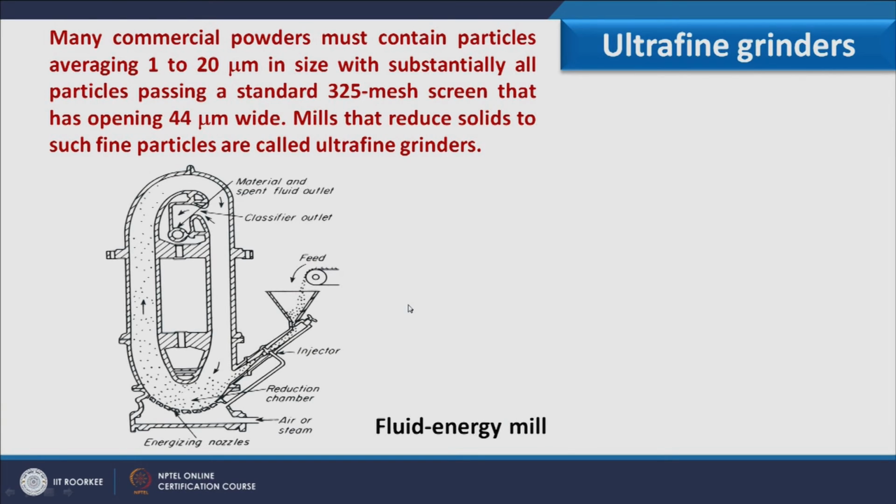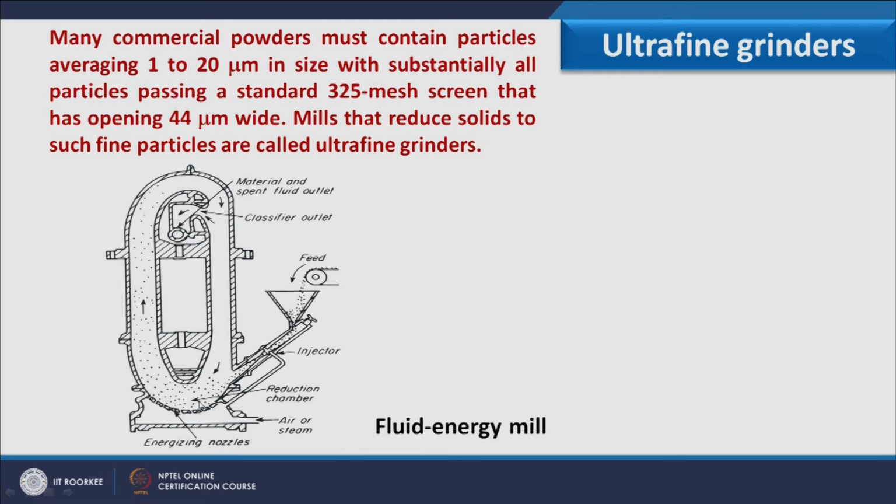Now, in this mill, what happens? Through this hopper, feed is continuously coming into the mill, and here we have some open spaces from which air or steam enters at high speed.